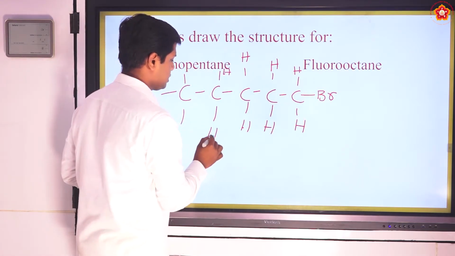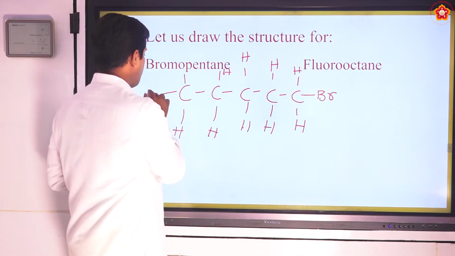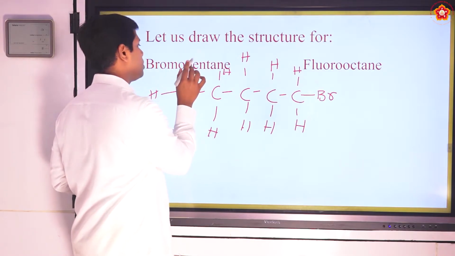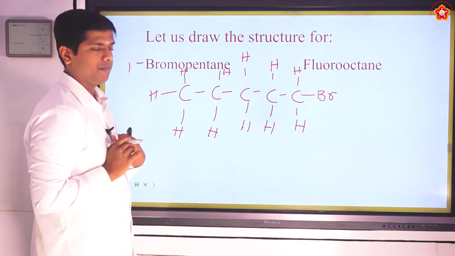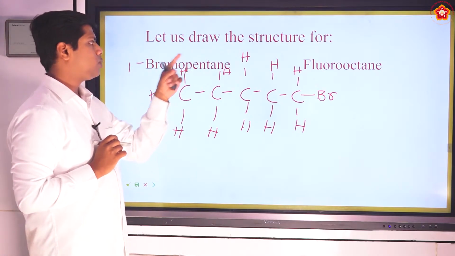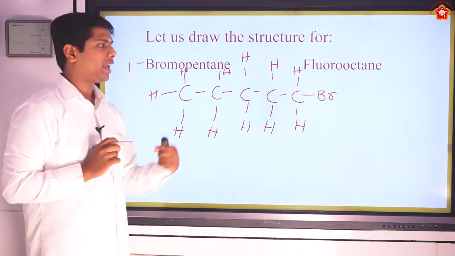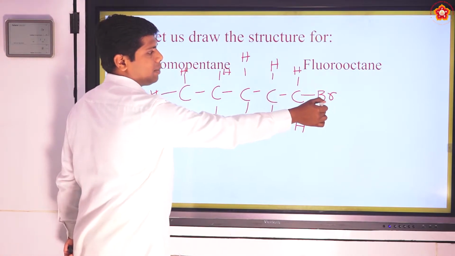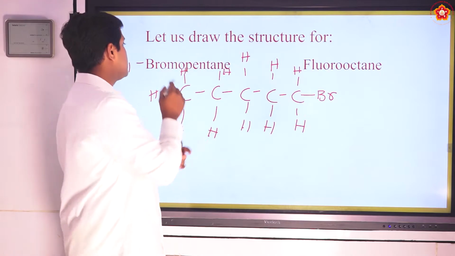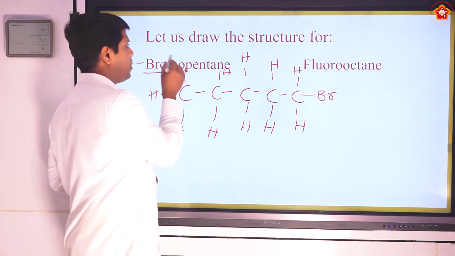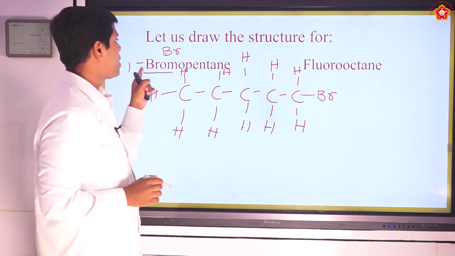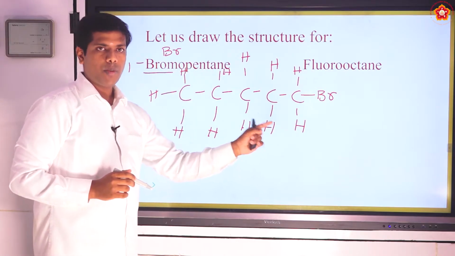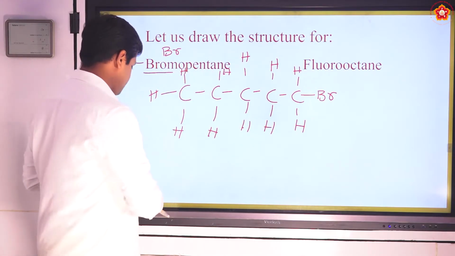This is the structure of 1-bromopentane or bromopentane. One of the hydrogen atoms is replaced by a halogen, that halogen is bromine, Br. Please note down this structure.